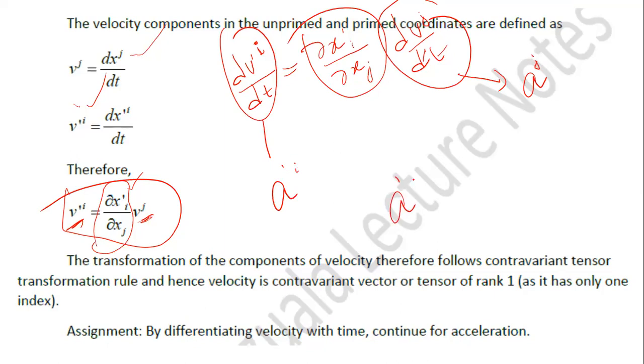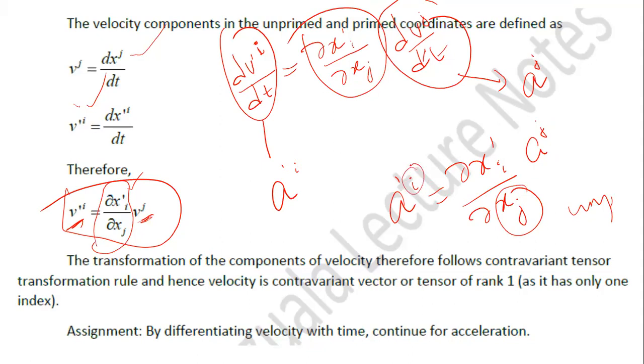So a prime i will be equal to del xi prime upon del xj times aj. So j is the index you use for representing the component of acceleration in unprimed, and the corresponding coordinate variable is xj. i is the index used for representing the component of acceleration in the prime coordinate system, and the corresponding coordinate variable is xi prime.